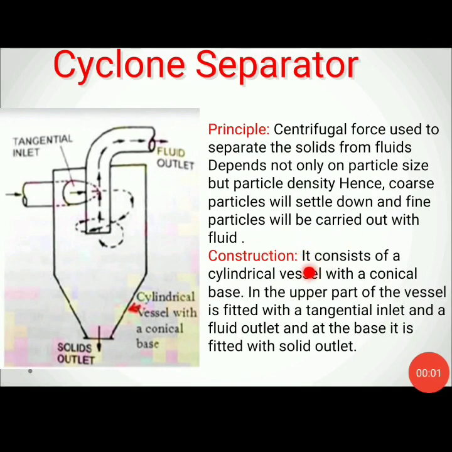In construction, this separator consists of a cylindrical vessel with a conical base. The upper part of the vessel has a tangential inlet, and at the top there is a fluid outlet. At the bottom is the solid outlet.